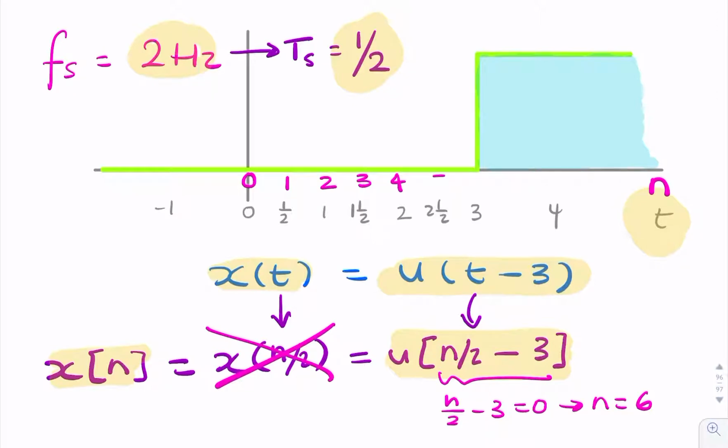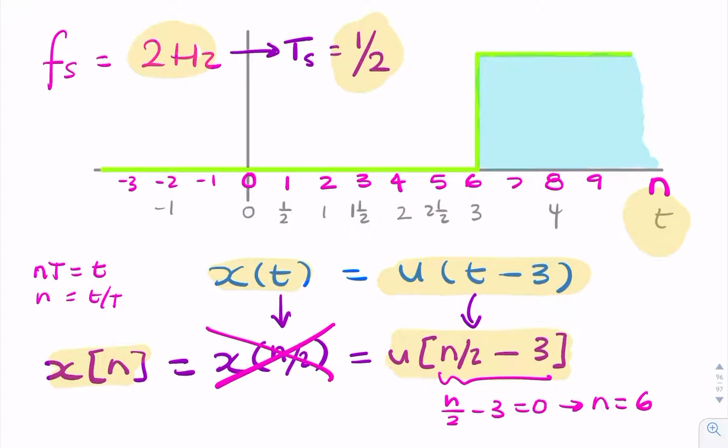So 4, 5, 6, 7, 8, 9. So remember, n multiplied by uppercase T, that's t. So n equals t over T, or 2 times t. So again, here you'd have minus 1, minus 2, minus 3.